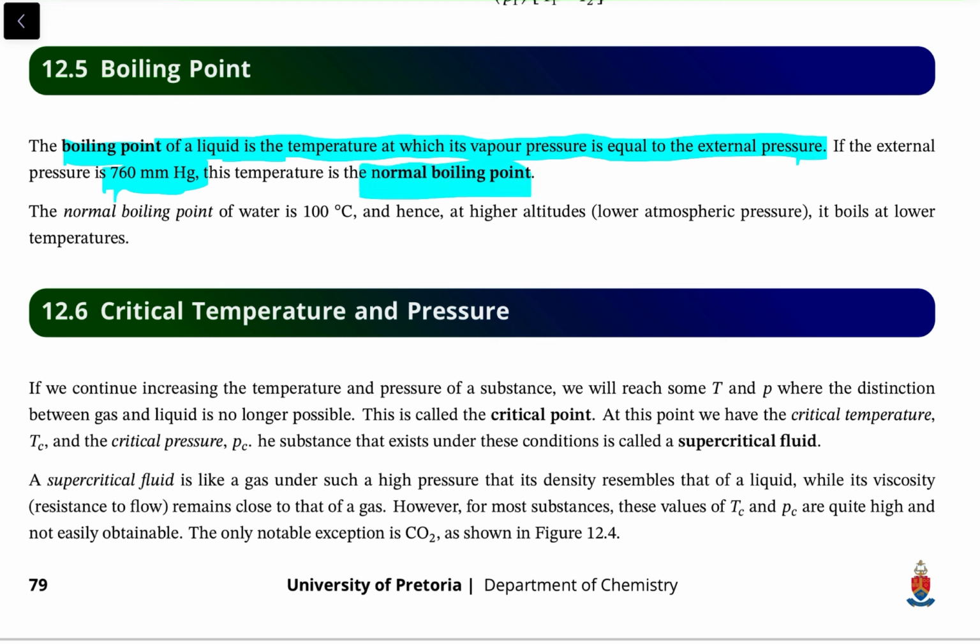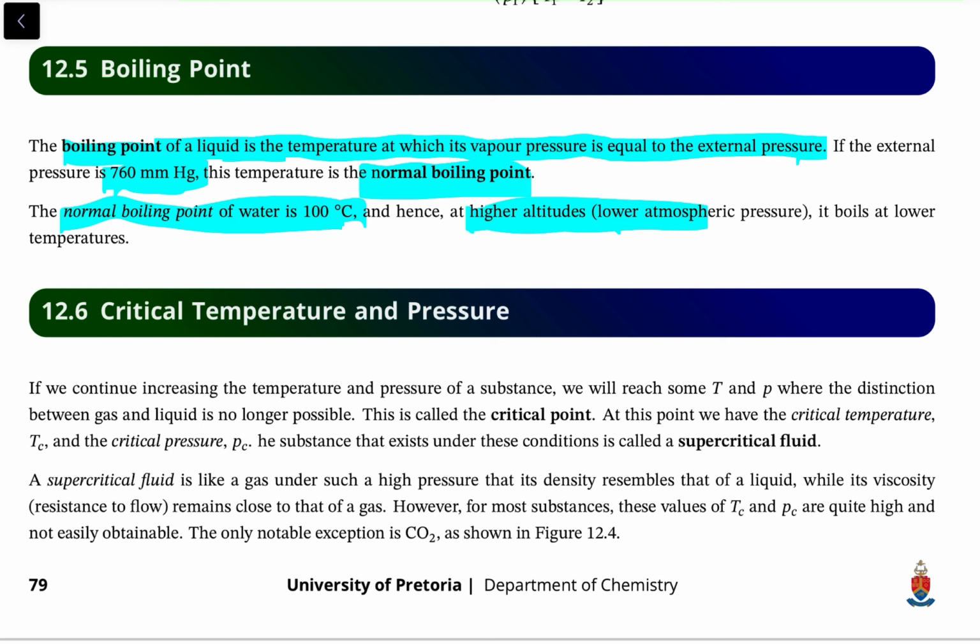Okay. So the normal boiling point of something like water is 100 degrees Celsius. But that's also why at higher altitudes, like if you go to Mount Everest or if you're here in Gauteng versus at sea level, your water boils at lower temperatures because we're slightly elevated. So at sea level, you're at exactly 1 atmosphere, but here you're at like 0.95 atmosphere.